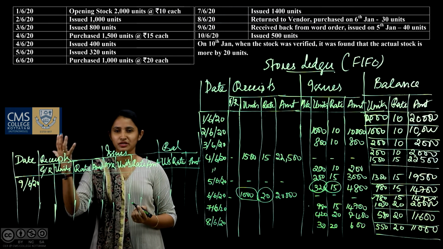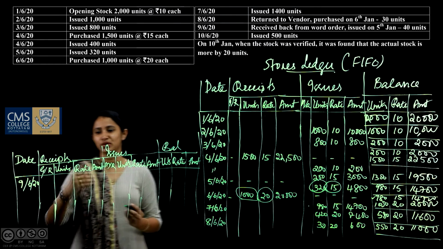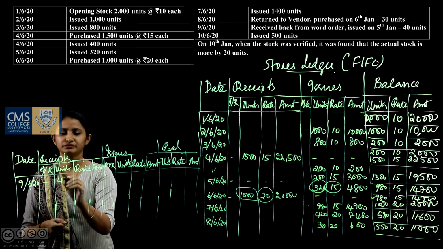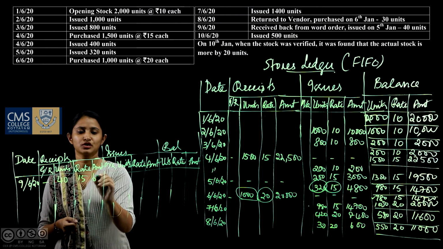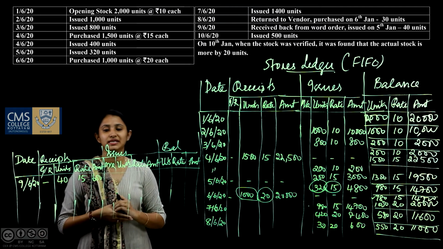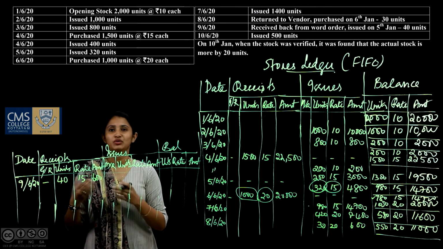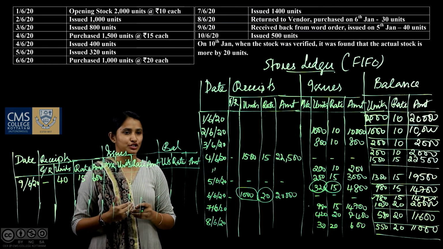So because the production department is returning to us, we show it in the receipt column, 40 at 15 rupees per unit. So we have 600 rupees worth materials which were returned to us back from the production department.